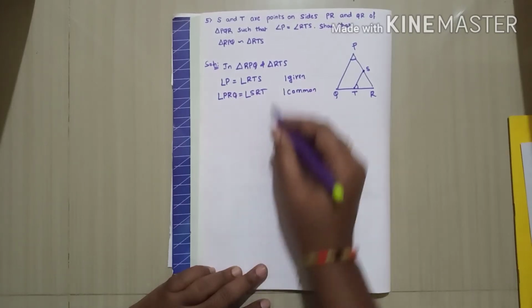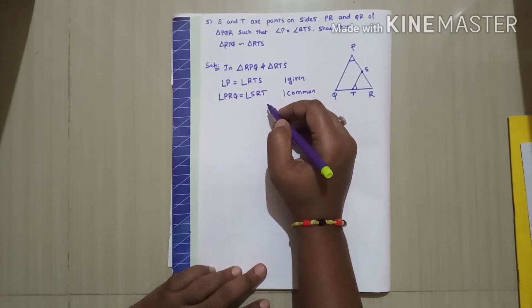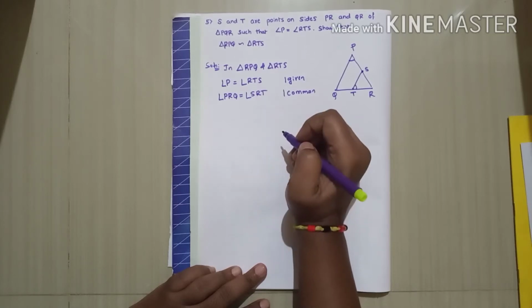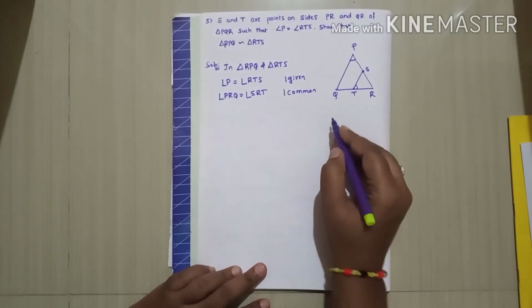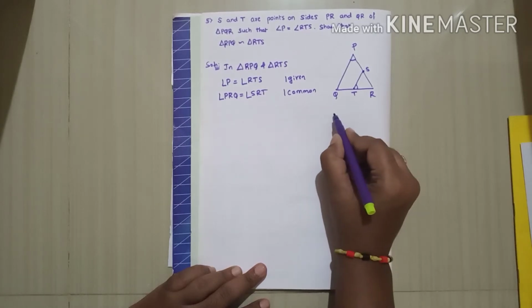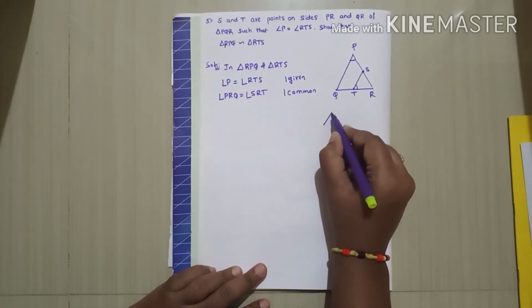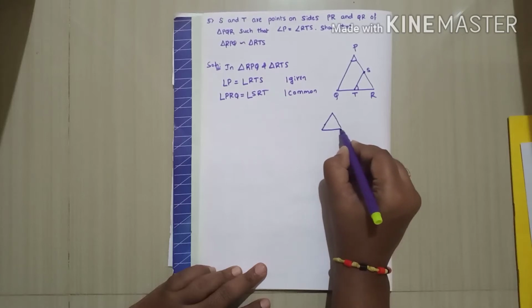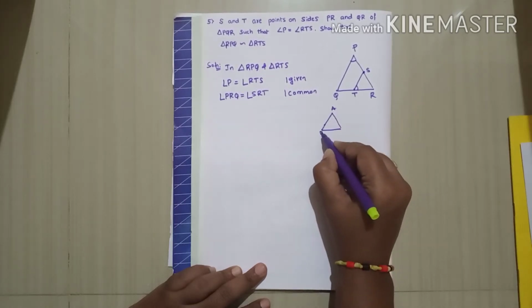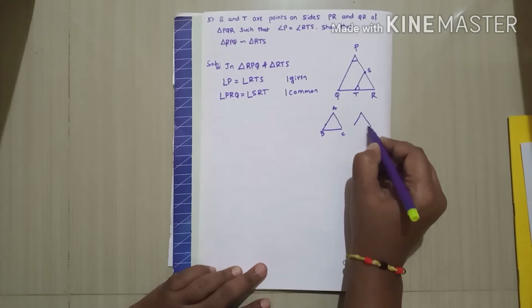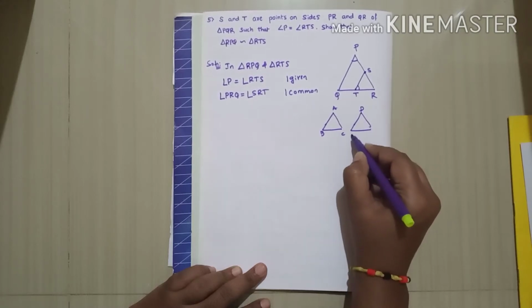Next, two angles are equal means obviously third angle also will be equal. I already told you while explaining AA criteria. I will just tell you how it is. Two triangles ABC and DEF.